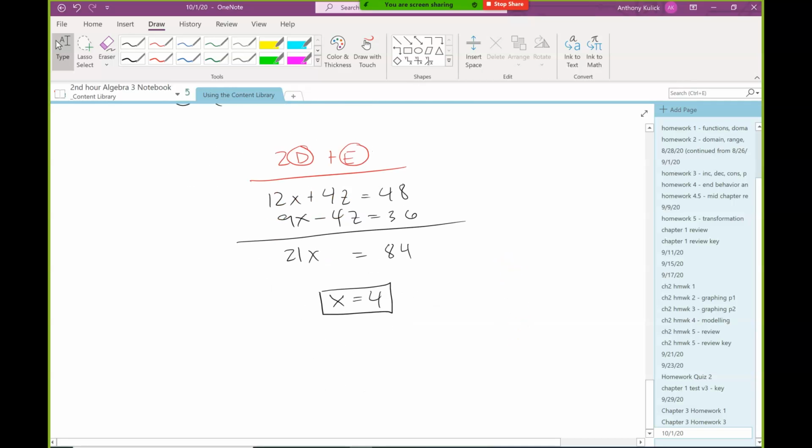Mr. Kulik, for D and E, didn't you use equation A to add into both of them? Yes. Does that affect anything, or is that the right way to do it? So whenever you form equations D and E, you're always going to use one of the two equations to make both of them. Oh, okay.